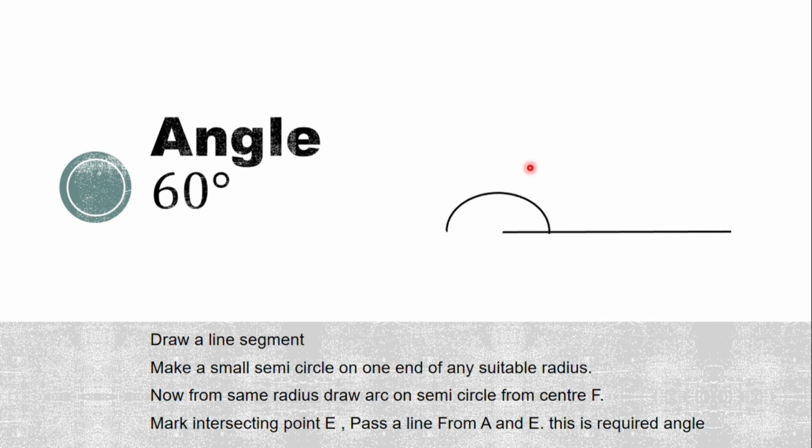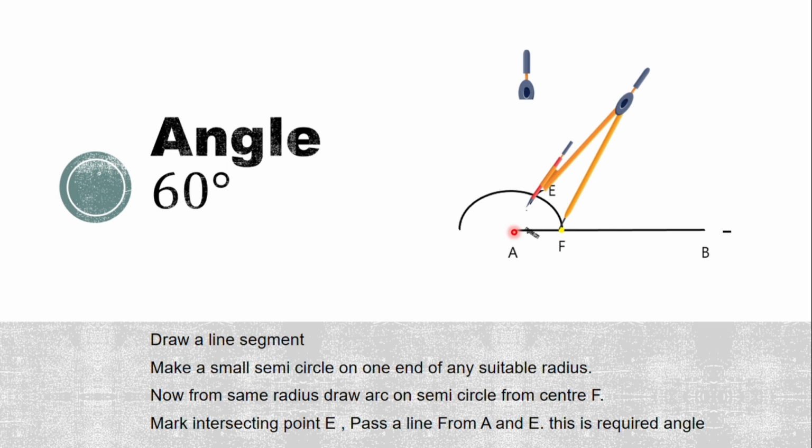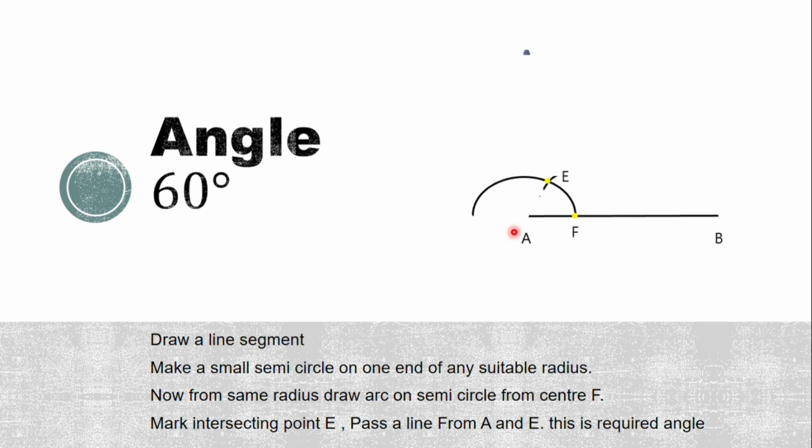For this, if we want to draw a line segment like this, and we make a small circle, semicircle from one of the vertices like this, then what we are going to do is that we are going to take the compass and put it the point F, the point where the semicircle and the line segment are touching, and draw an arc on the semicircle. Now the point where the semicircle and the arc meets, we will call it point E.